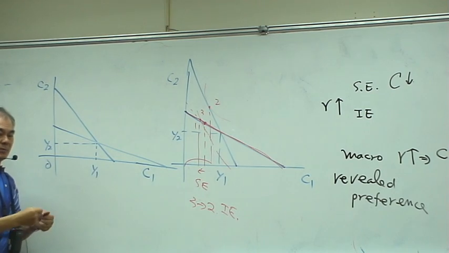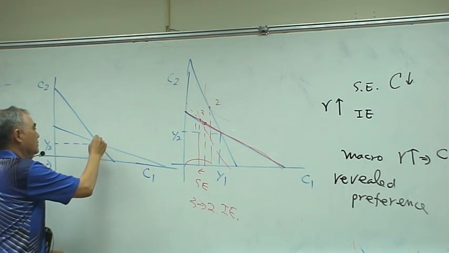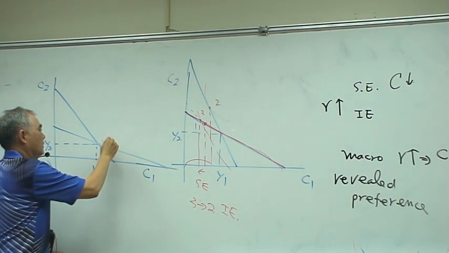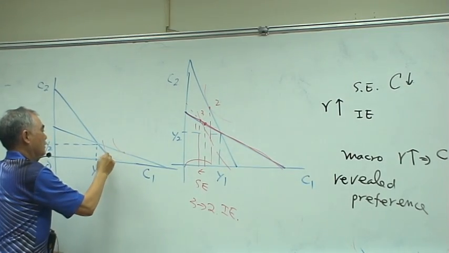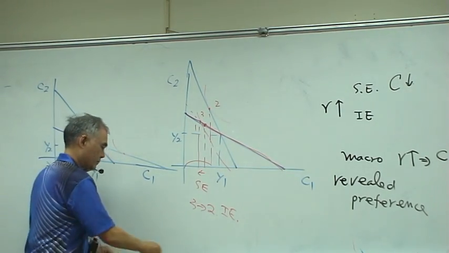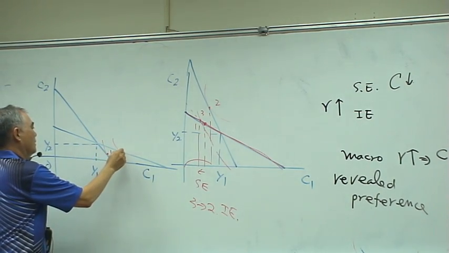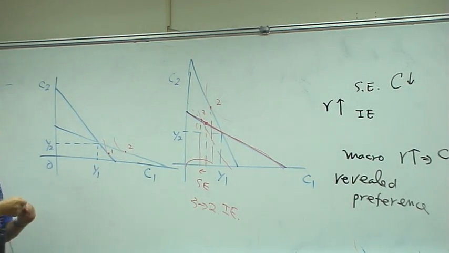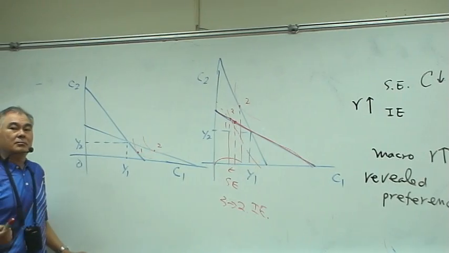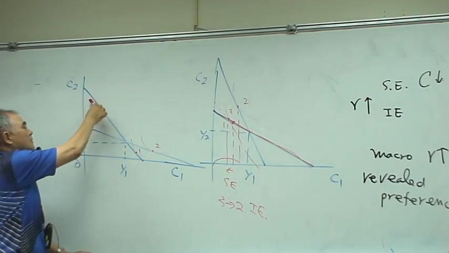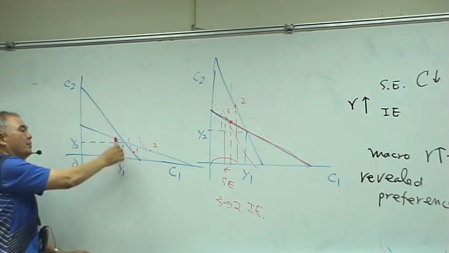Okay, so the consumption choice is here. Point 1 here, point 2 here. Okay? So the same thing, right? This is the first budget line.